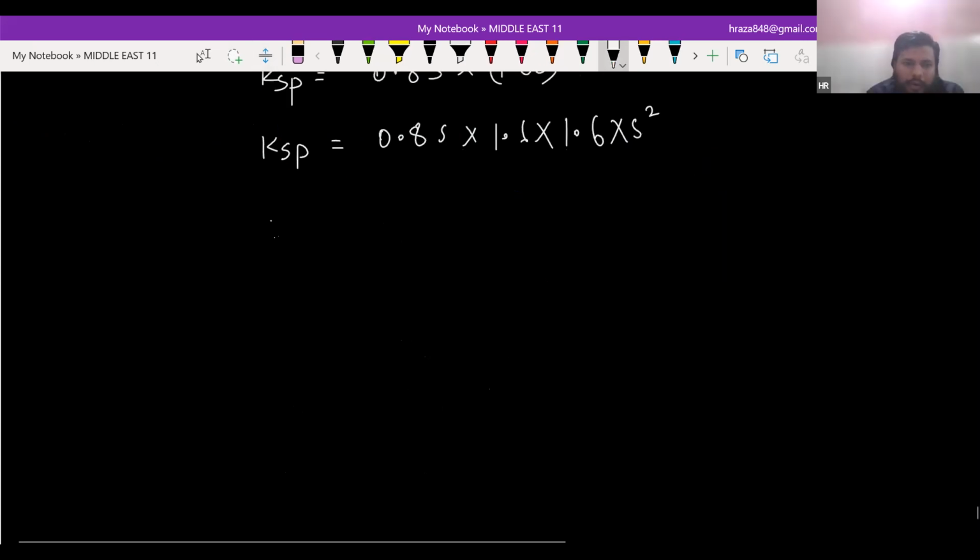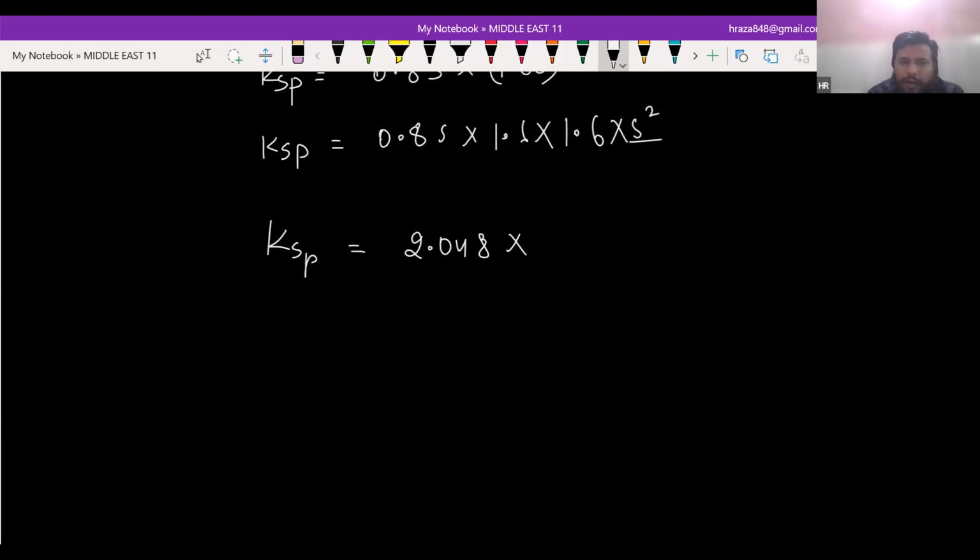Now just solve it. What you need to do? You need to calculate the value of S from Ksp. So just multiply it. 1.6 into 1.6 into 0.8 will be equal to 2.048 something. 2.048 into S square into S is S cube.